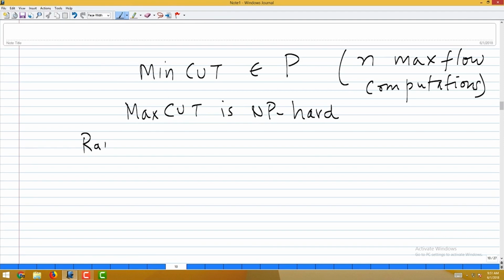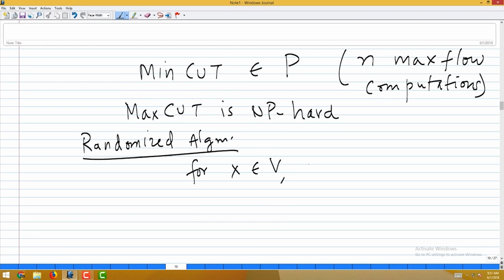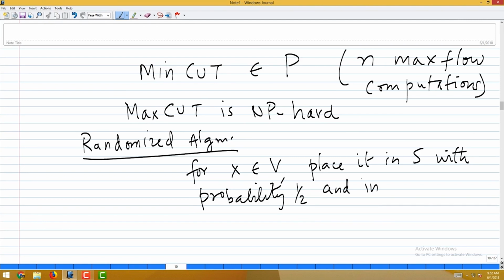So, here is a randomized algorithm: for x in V, place it in S with probability half, and in S bar with probability half.